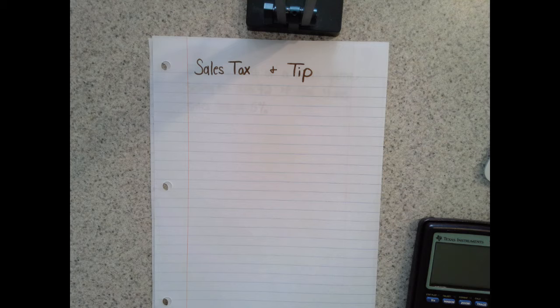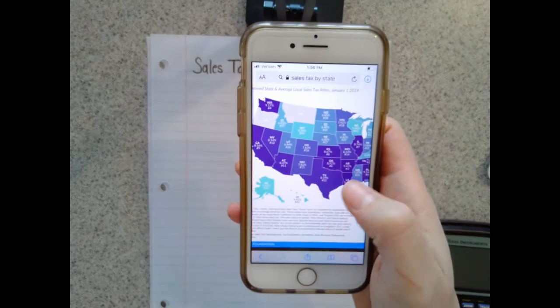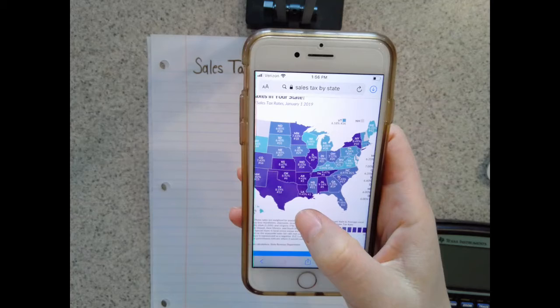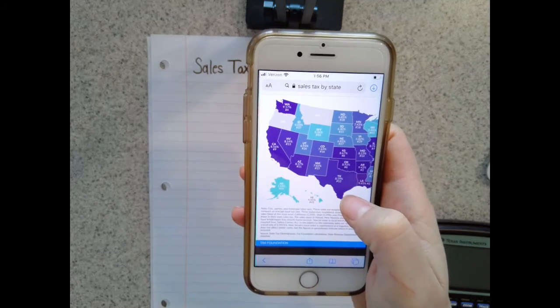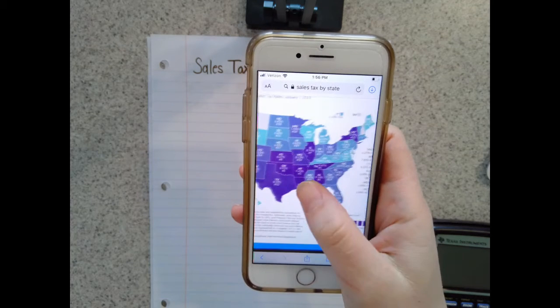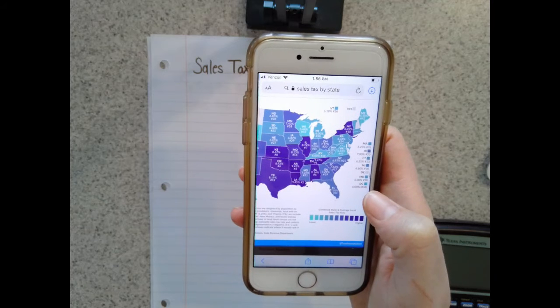Sales tax is maybe something you're not super familiar with because Montana and two other states, well, actually four. There are 4 states in the entire U.S. that do not have sales tax. Every other state in the U.S. has what is called a sales tax.